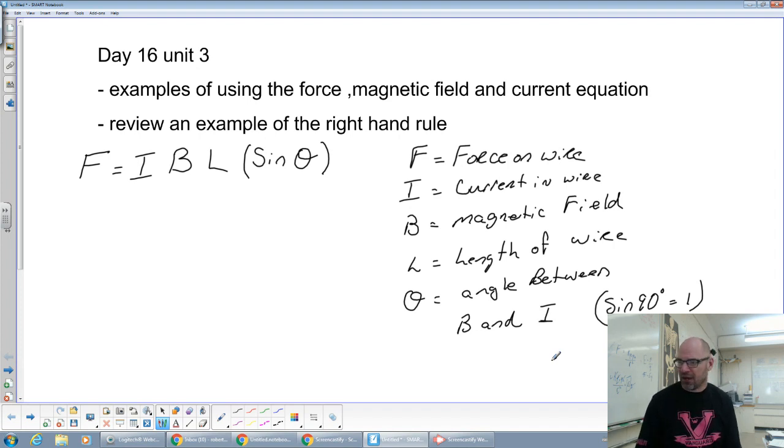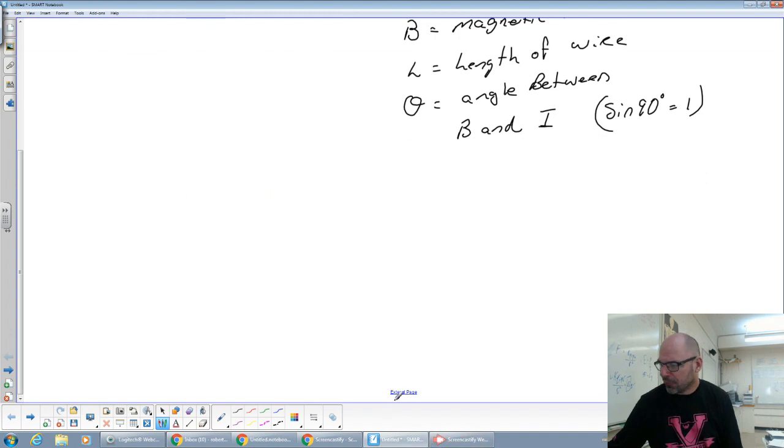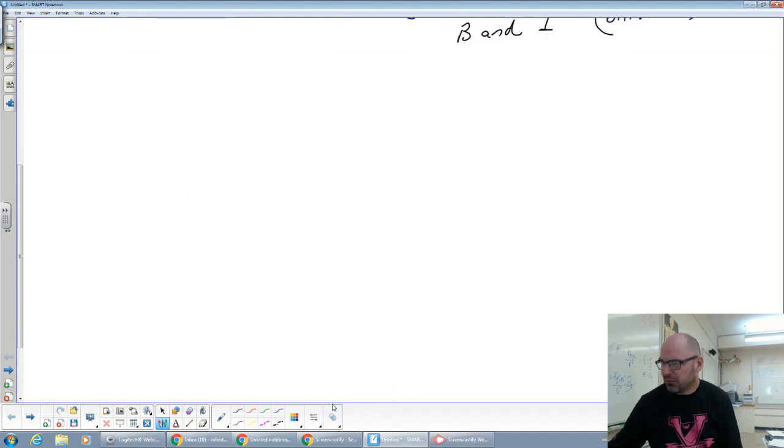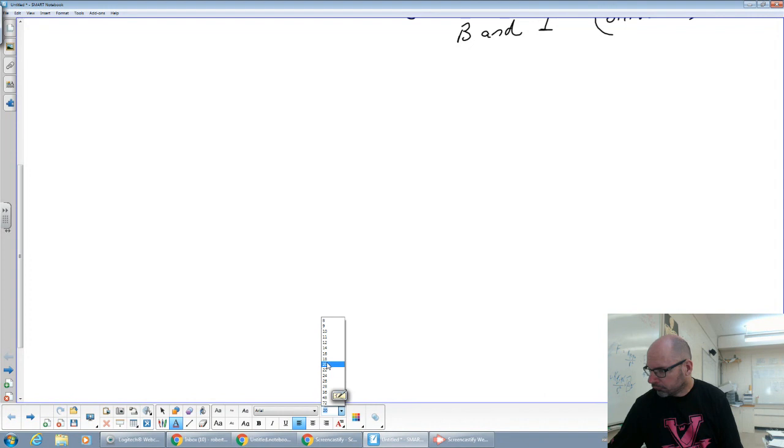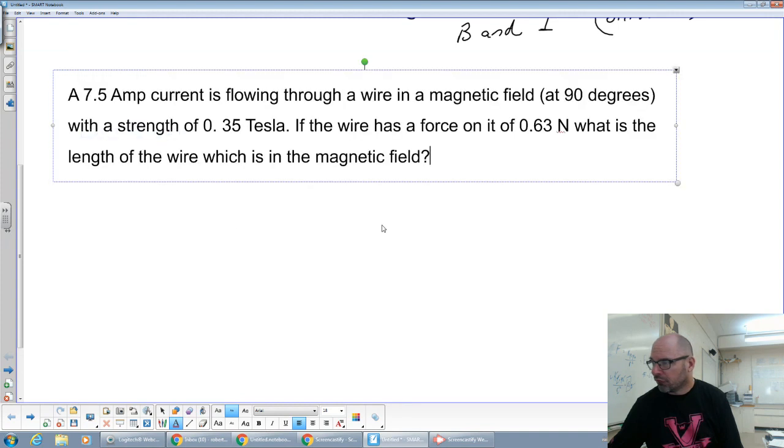Okay, so let's do a couple examples using this formula here. Let's make some space. So here's an example of something that we can use.